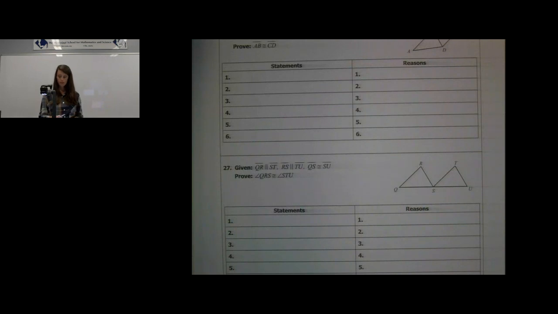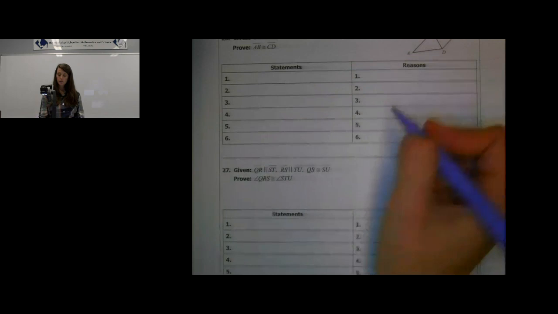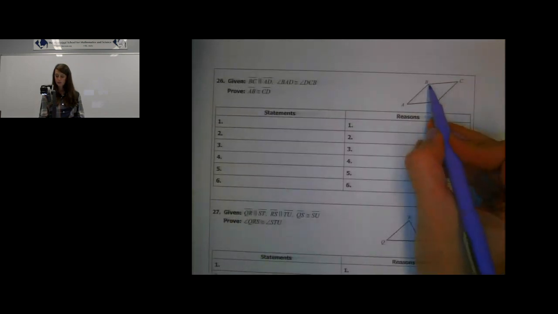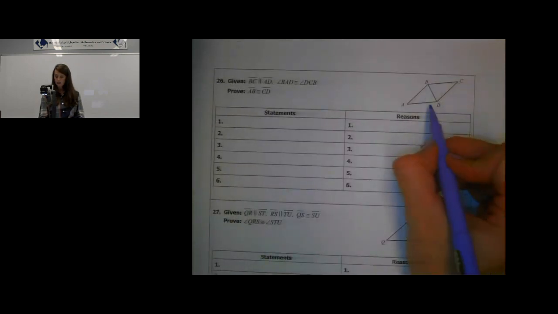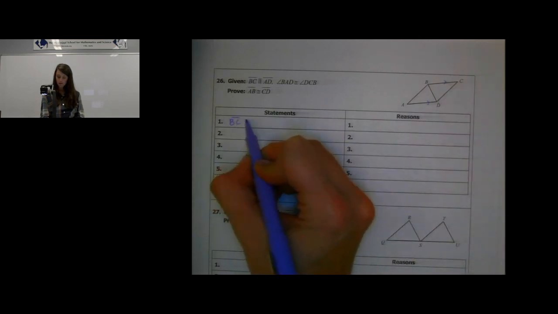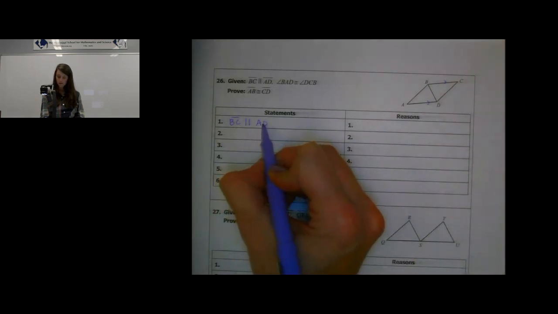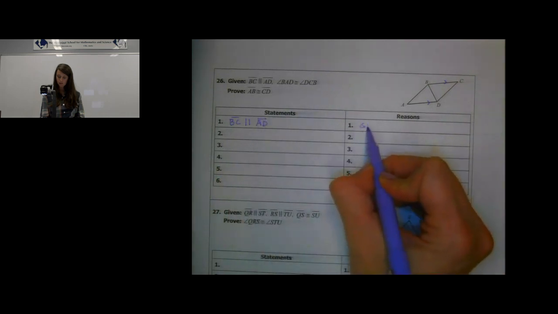All right, so last two here. Given that BC and AD are parallel, so BC is parallel to AD. When that is given, I now know that angles CBD and ADB are going to be congruent.